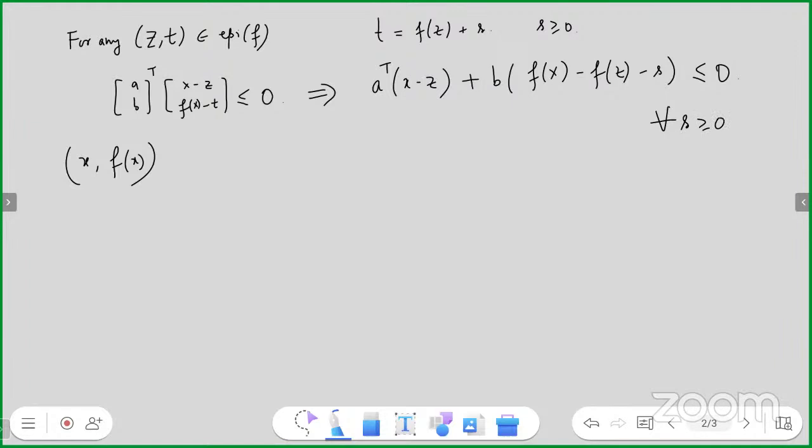So what can you say about b? Can b be 0? This is true for all s greater than 0. Then can b be equal to 0? Suppose b is 0. What will this imply?